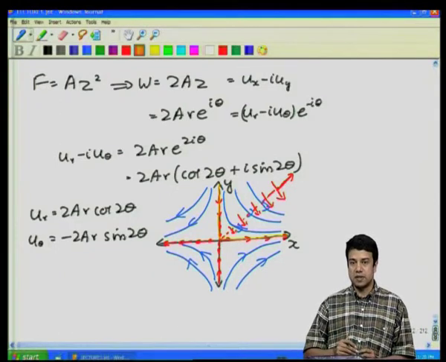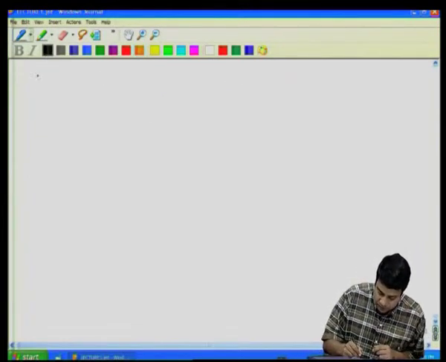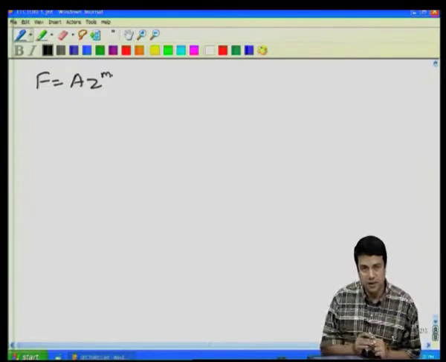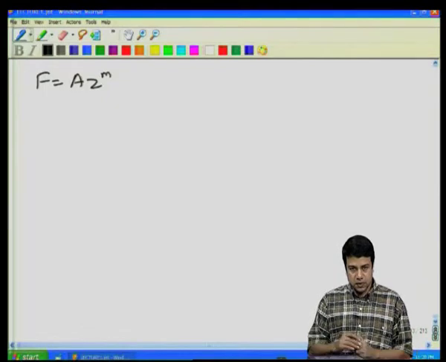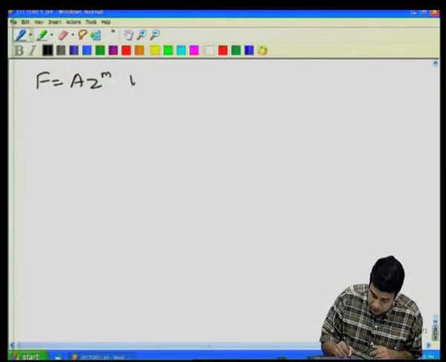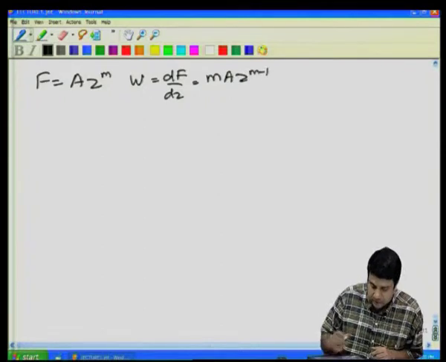One can of course consider any higher power of z, any polynomial approximation for z. So, if I consider a general function of the form f is equal to a times z power m, the complex velocity is equal to df by dz is equal to m a z power m minus 1.